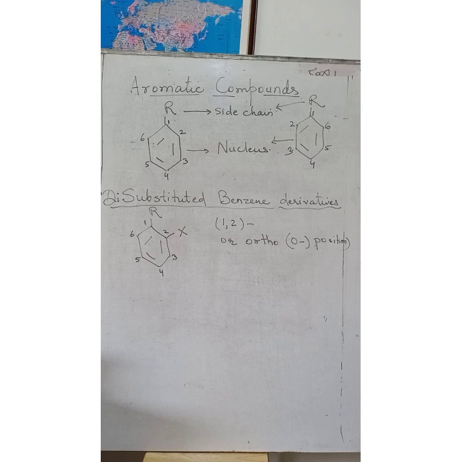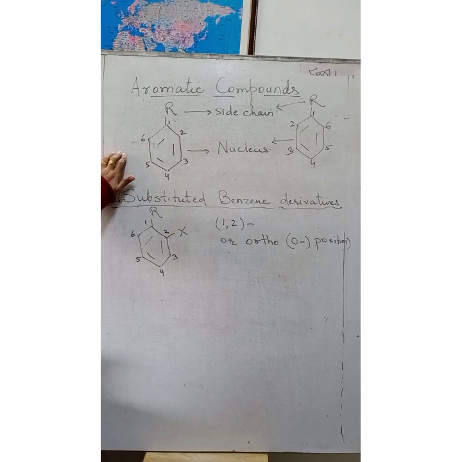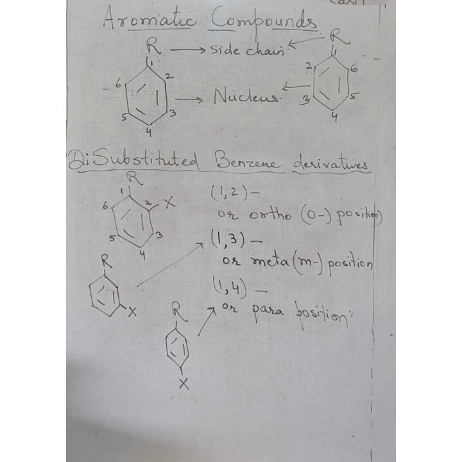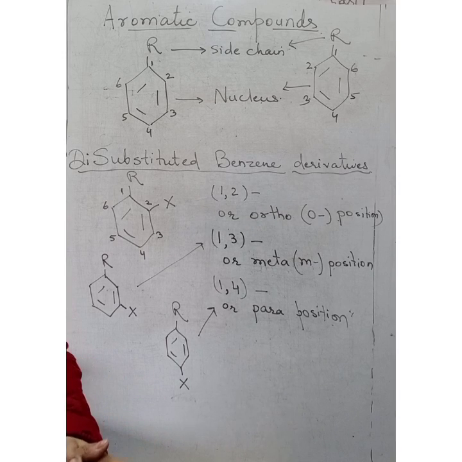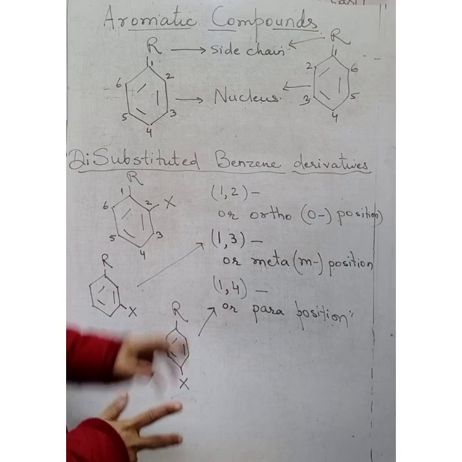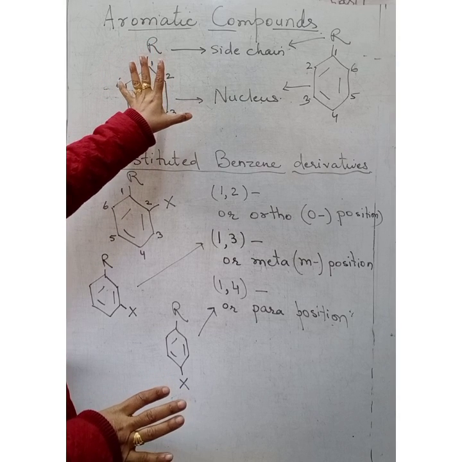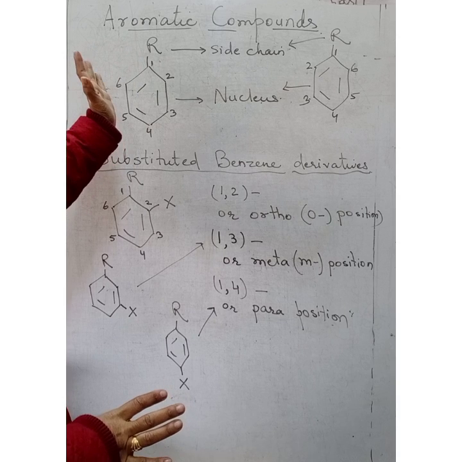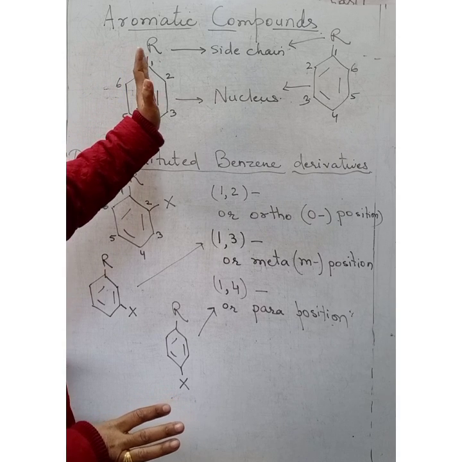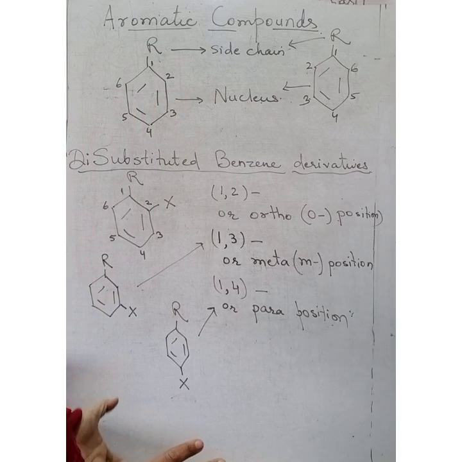In case of aromatic compounds, we have two types of aromatic compounds, benzenoid and non-benzenoid compounds. Now let us see the naming in aromatic compounds. In case of benzenoid compounds, there is presence of a benzene ring and one or more hydrogen atoms of the carbon atoms are substituted by some group.